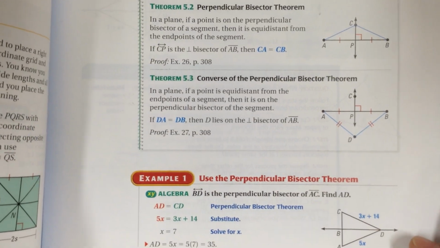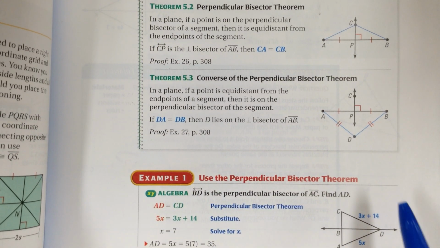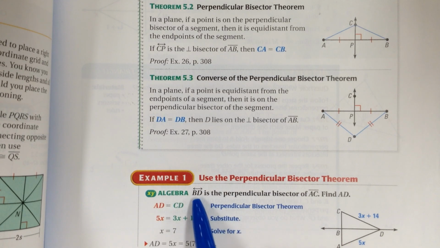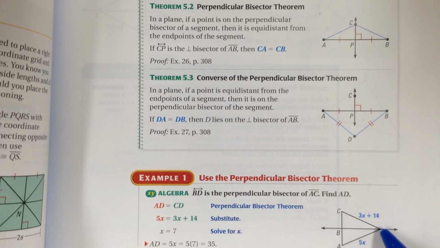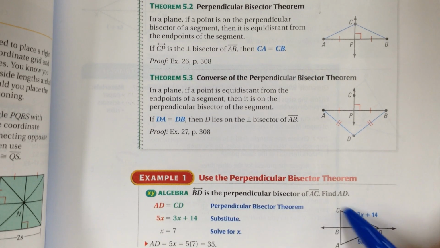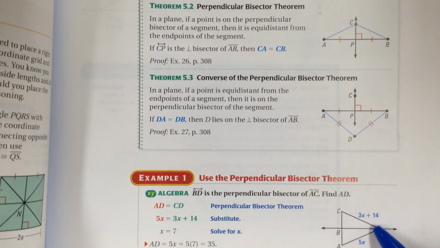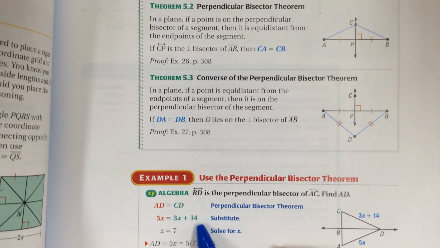So over here, let's use that to solve. In example 1, BD is the perpendicular bisector. So any point on it is an equal distance to points C and A. So these two are equal. If the two are equal, you set them equal to each other. Then you subtract 3x from each side.